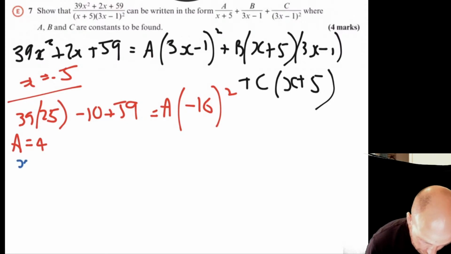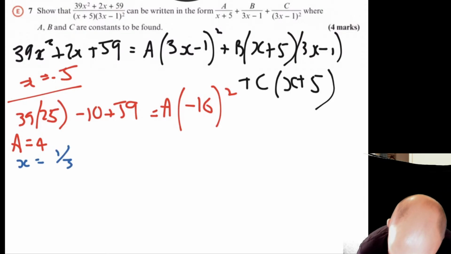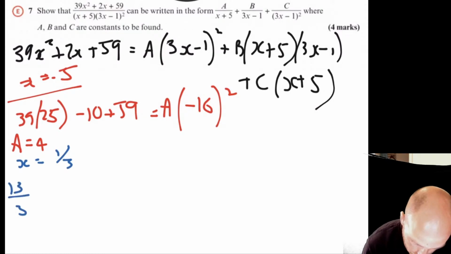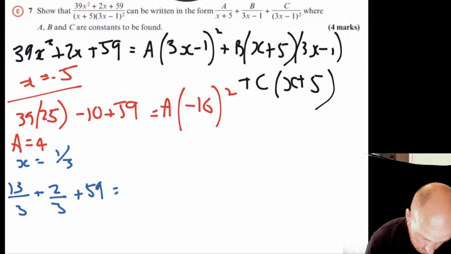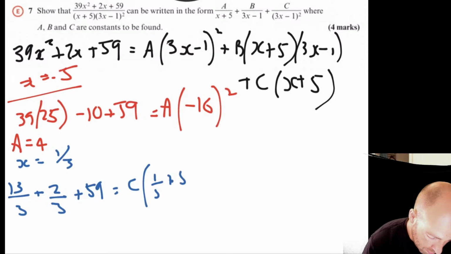So same again, make x equal 1/3. So we get 13 over 3 plus 2/3 plus 59 equals, this time everything apart from C is going to cancel out, so we get C times 1/3 plus 5.